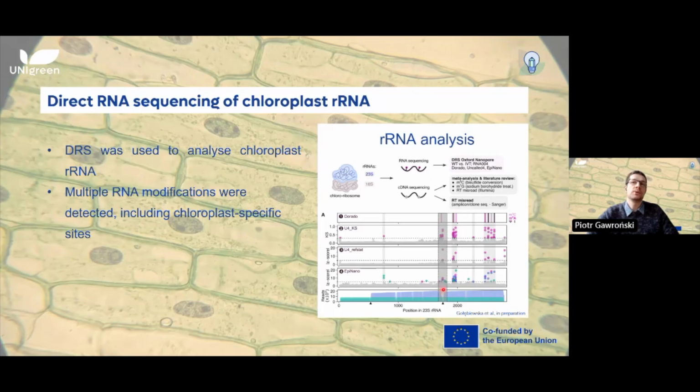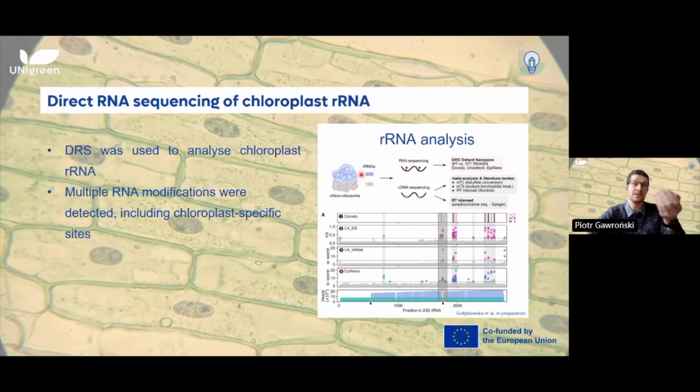We focus on 2 chloroplast ribosomal RNAs, 16S rRNA from the small subunit of the ribosome and 23S rRNA from the large subunit of the ribosome. And in our experiments, we also included the in vitro transcribed rRNA molecules, which served as negative controls because they do not contain chemical modifications.